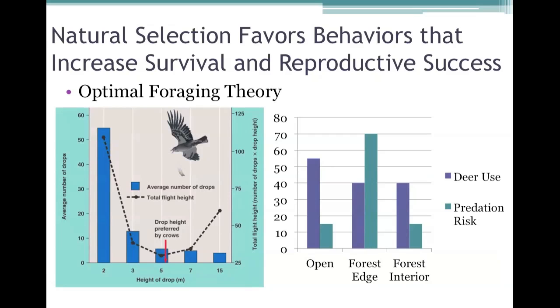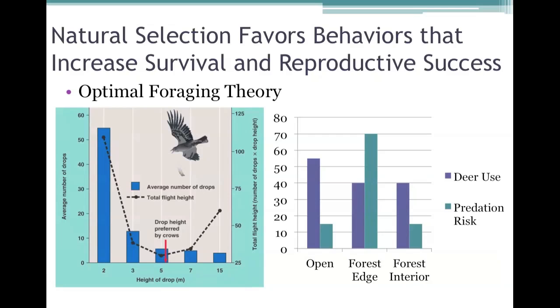Basically, they want to pay less and get more. Our example of this is a graphic that you see down here on the left-hand side of a crow. What these crows have learned how to do is pick up snails, drop them, crack their shells, and get the food that's inside.